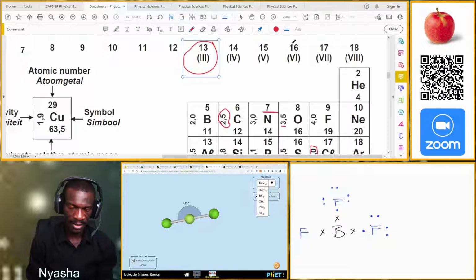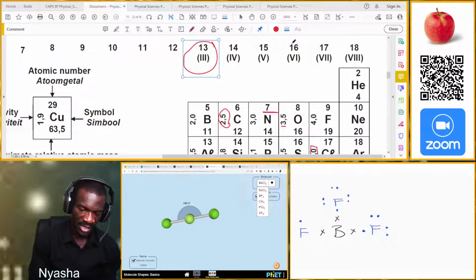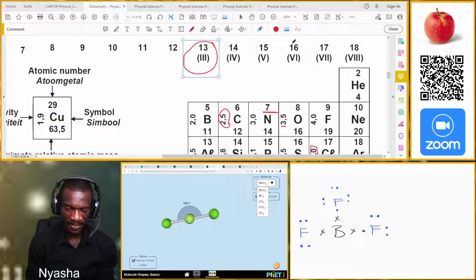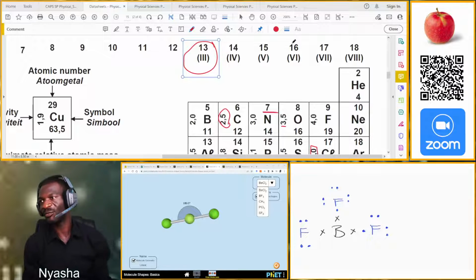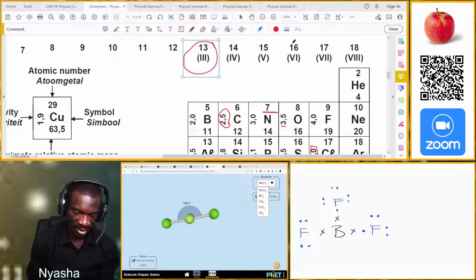That's our bond. We are going to have a problem here because we do not have enough for this boron. So we're likely to have one of them forming another type of bond. So we've got a bond there, a bond there, and a bond there.